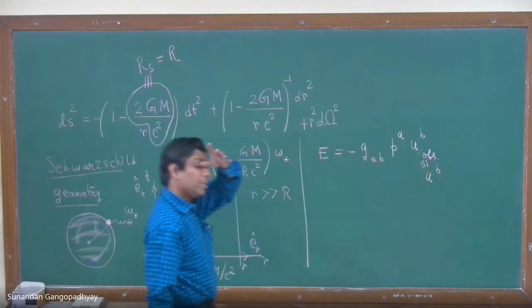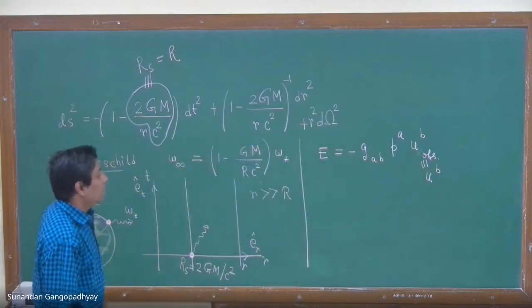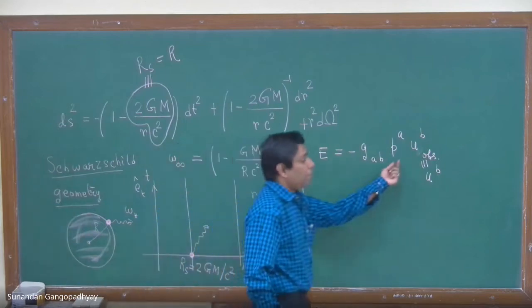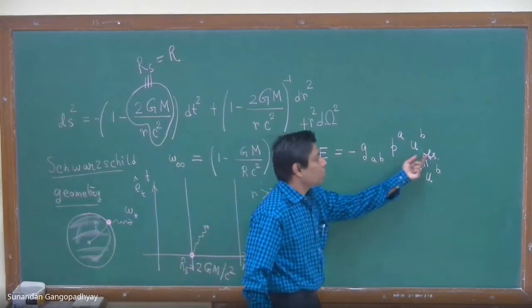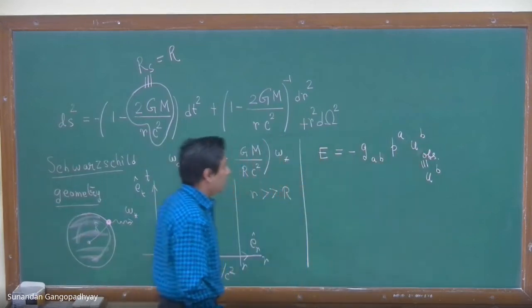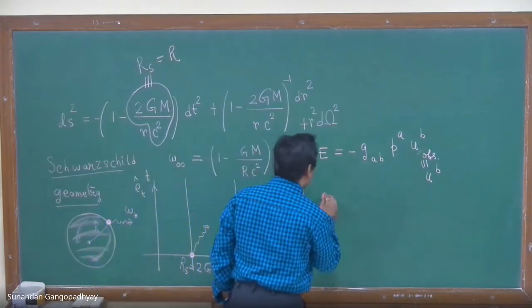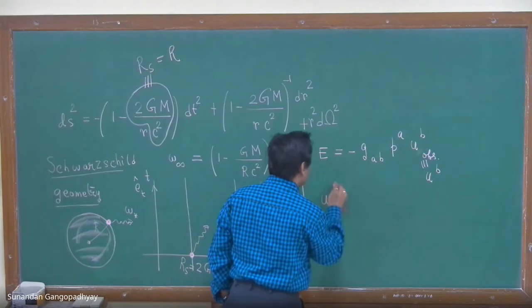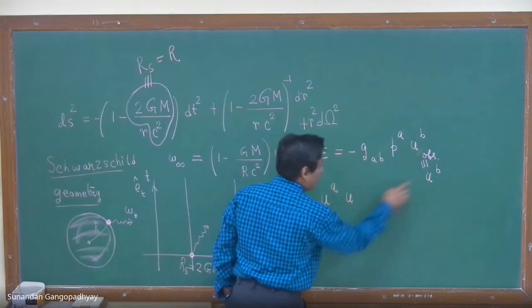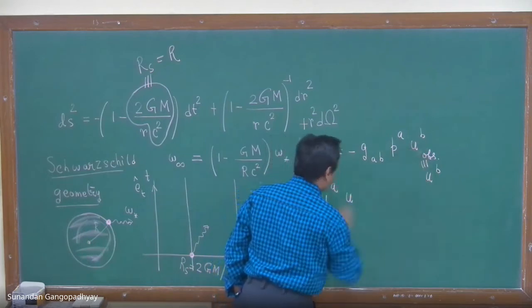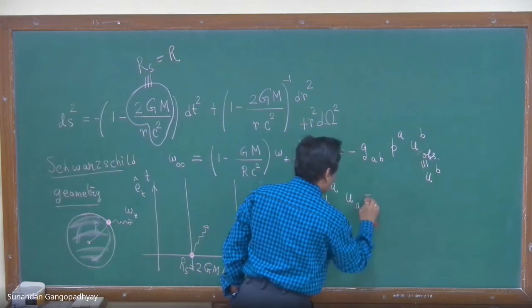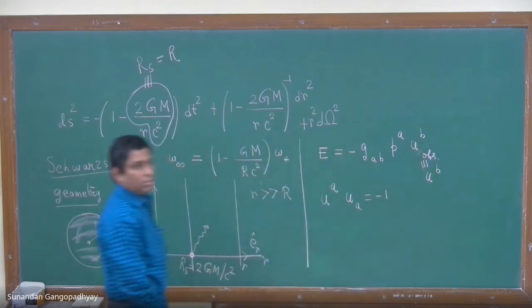So, in order to measure the energy of a particle, you need not only the four momentum of the particle whose energy you are measuring, but also the four velocity of the observer. Right? So I'll assume that this U, which I called your observer, is normalized to minus 1.